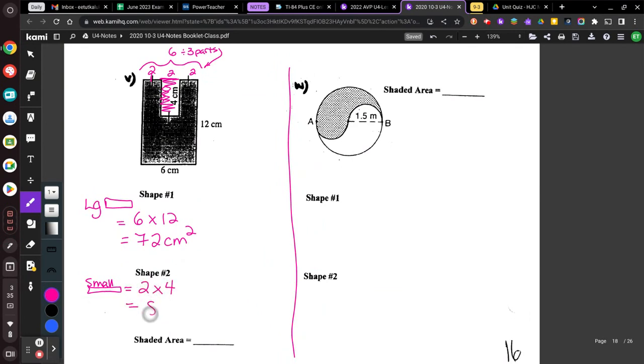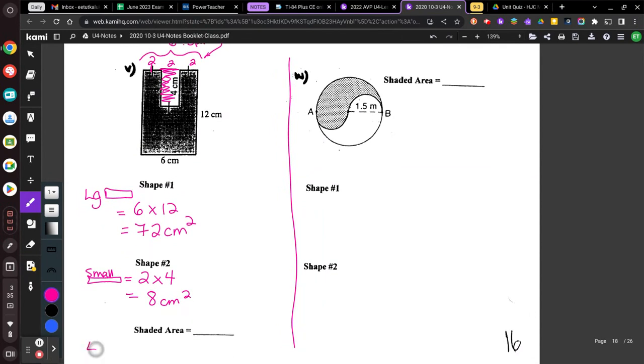Well, that gives us 8 centimeters squared. So our shaded area is going to be the large subtract the small. So that's going to give us 72 subtract 8, which is 64 centimeters squared.